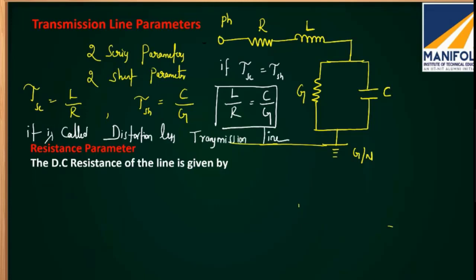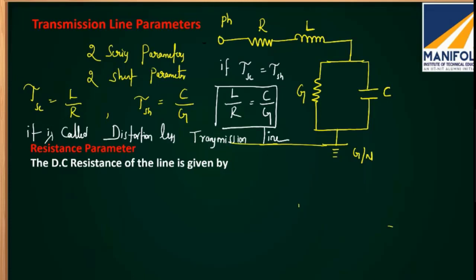If both these values are the same, there is no distortion of the waveforms being transmitted in this transmission line.